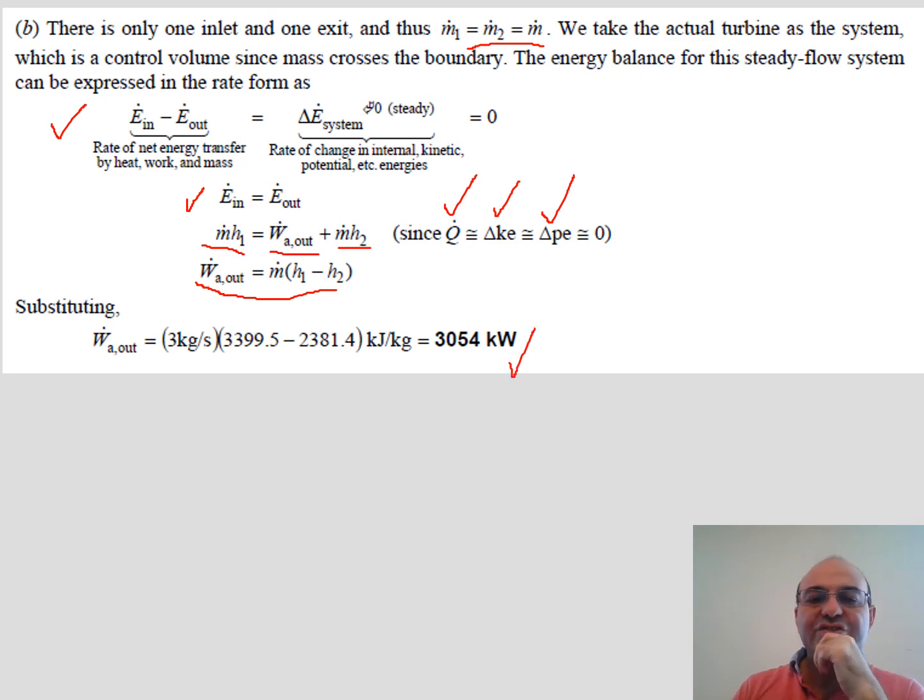In addition to this, we could have written this in another way. This is also equal to the isentropic efficiency of the turbine multiplied by (H1 minus H2S).